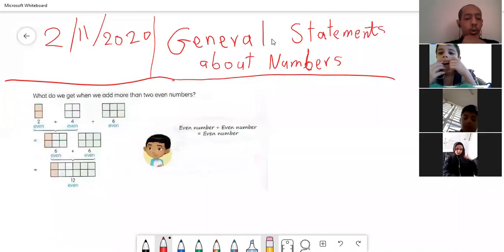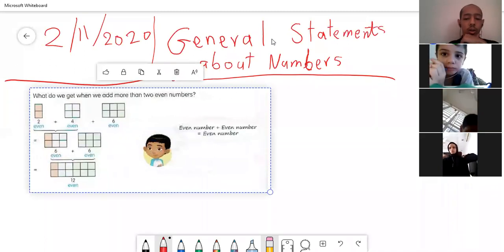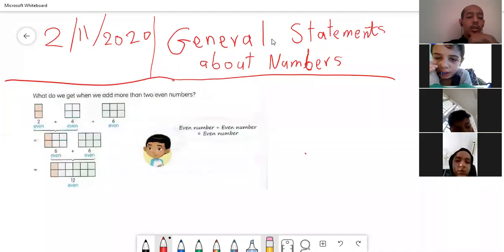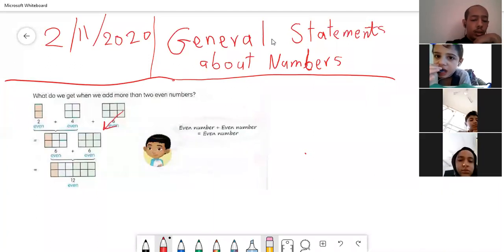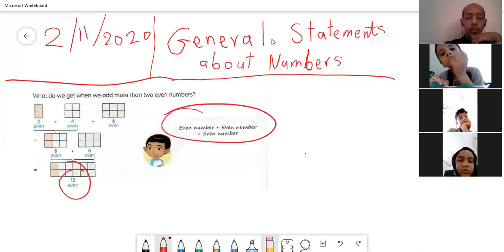So what is going to happen when we add them all together? 2 plus 4 is going to be 6, which is also an even number. 6 plus 6 is 12, which is also an even number. So even number plus even number would give us an even number as well.